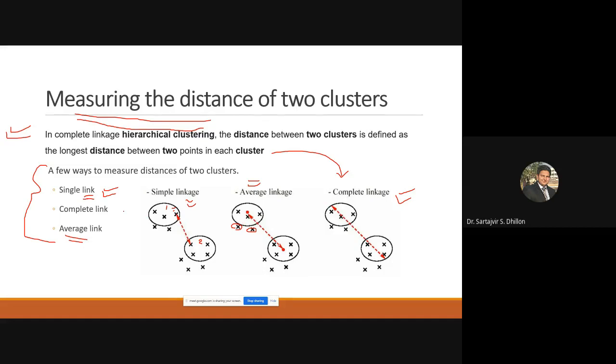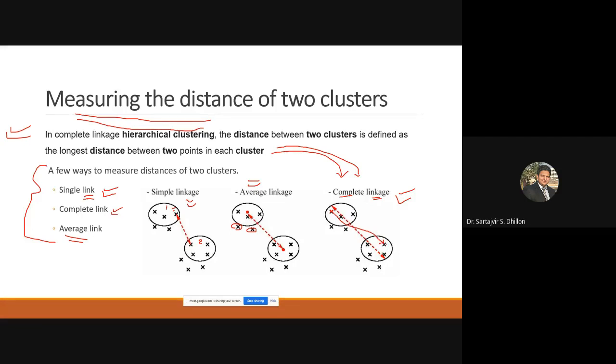The other one, which is also important, is complete linkage, and this is the actual definition of complete linkage. Here you can see complete linkage at the edge to edge. But I think there is a little bit of error in this figure, because in actual we cannot calculate the edge of this circle; we are actually measuring the distance between this x and this x, which are too far.